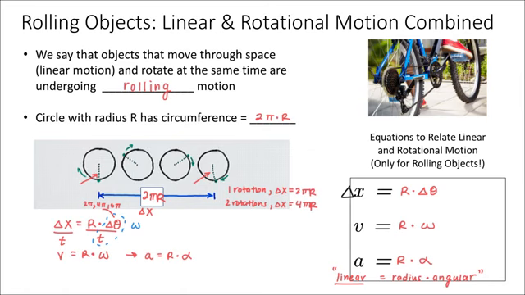You can get delta x, v, and a using any of my angular quantities. And so these will be what we call our bridge equations, if you will. They bridge rotational and linear or translational motion together and allow you to solve problems that you wouldn't be able to solve otherwise. So please take special note of these equations and apply them whenever you have a situation dealing with rolling motion.